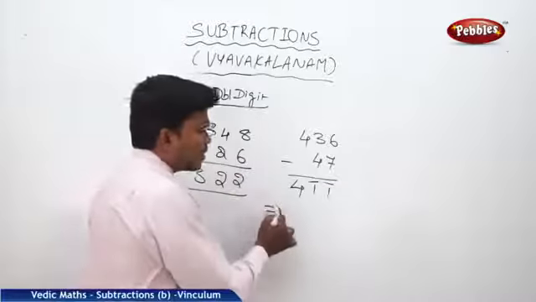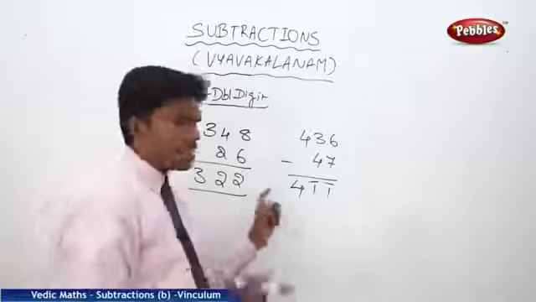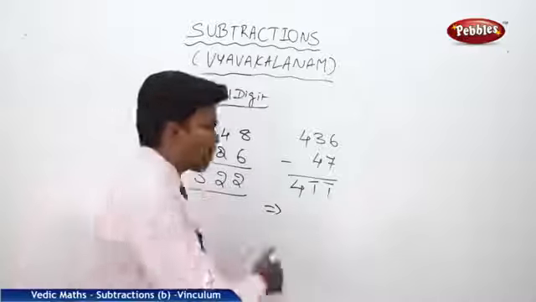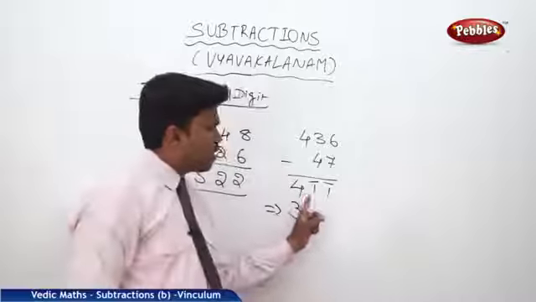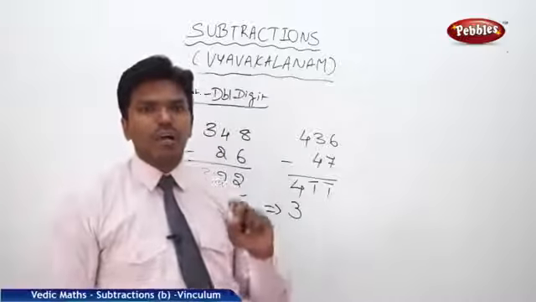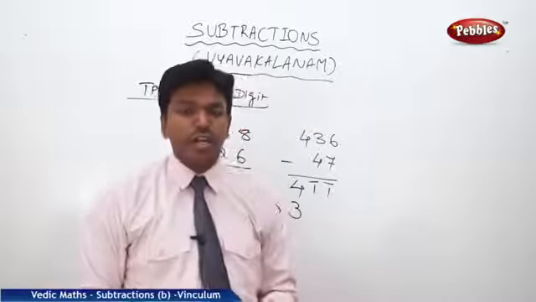Now how to convert this into the normal number? Just like we said, the bar before number should be reduced by 1. So 4 becomes 3. Now there are two numbers continuously which are having bars on them.